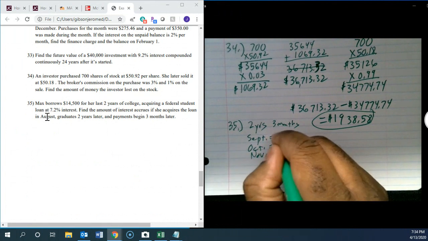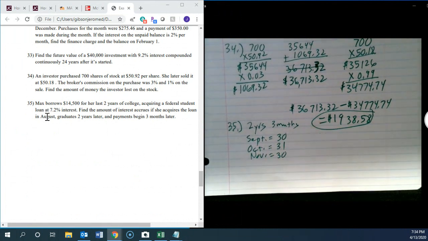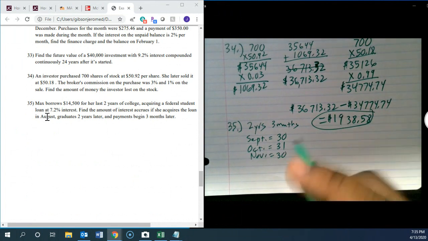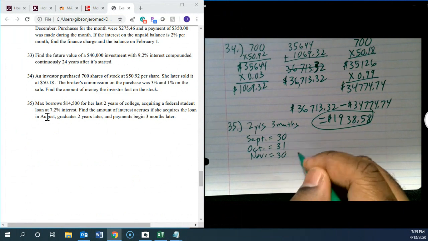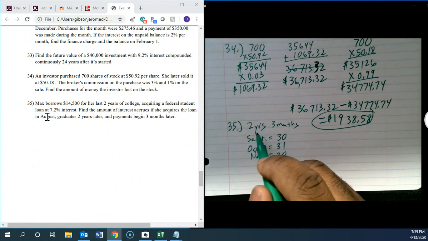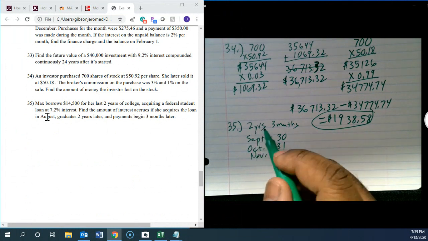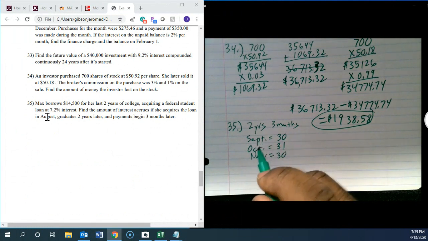It's 30 days in September, 31 in October, and 30 days in November. Now, what we have to do, because we have to find out how much interest is charged for these months, we know that we can use a simple interest formula to basically find how much interest we would pay in 2 years.